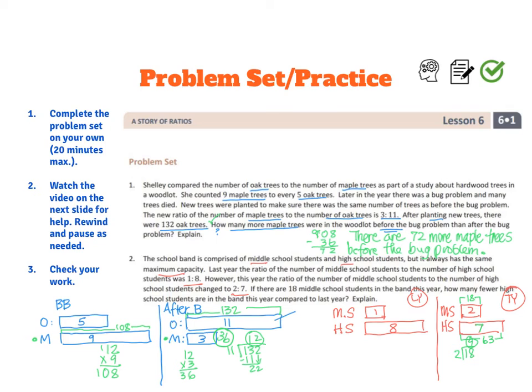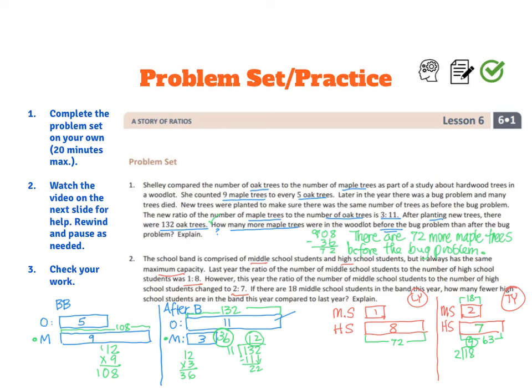So that's 63 for this year. Then over here I do 8, because I want high school. 8 times 9 last time I checked was 72. Now I'm doing the comparison.